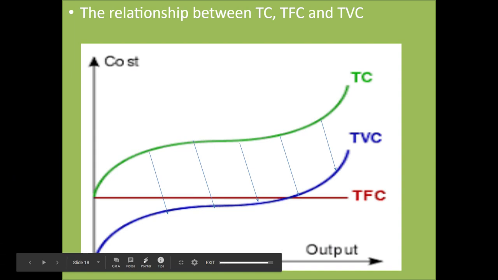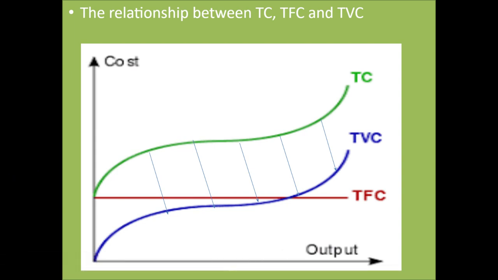Let's understand the relationship between total cost, total fixed cost, and total variable cost. Students, as you can see, the red line, which is parallel to the x axis, indicates the total fixed cost curve.